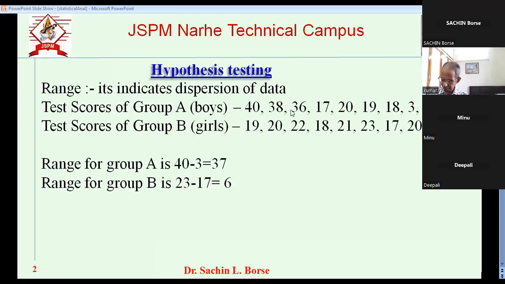So total readings are 10. You add all the numbers: 40, 38, 36, 70, 20, 19, 18, 3, 5, 4. Then you divide by 10 readings. So calculate the mean.